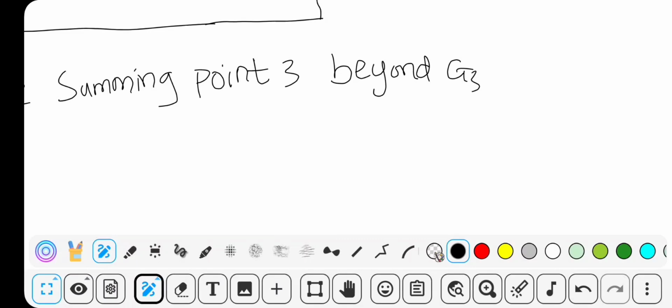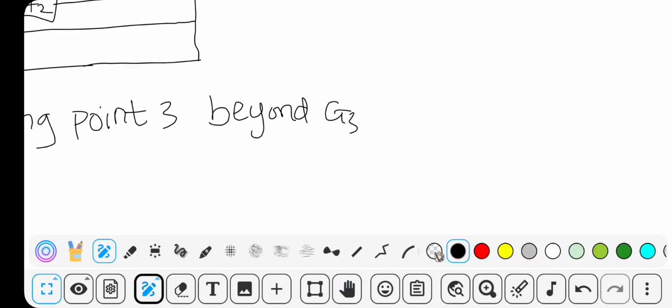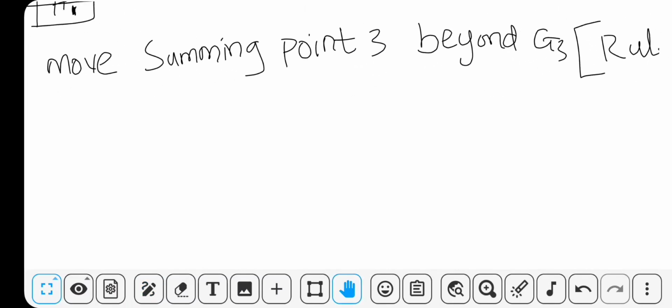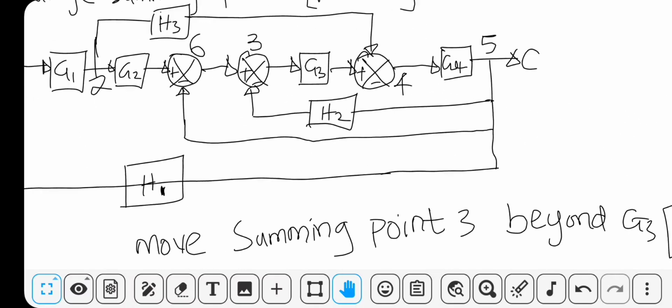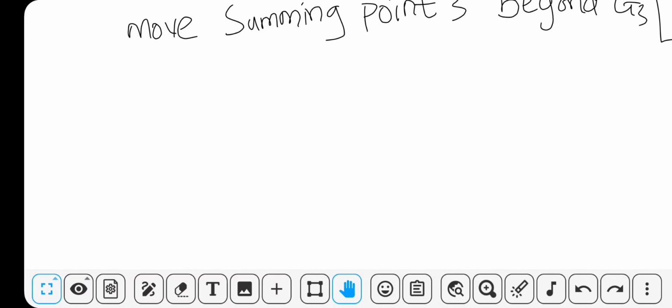Summing point 3 beyond G3 from rule 8. From rule 8. So this is summing point 3. So we want to move it to this point.